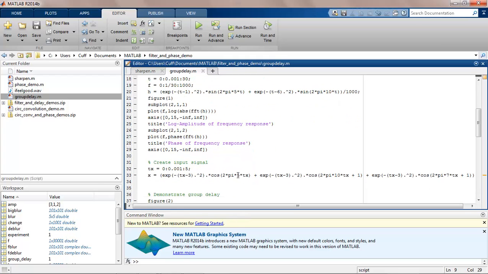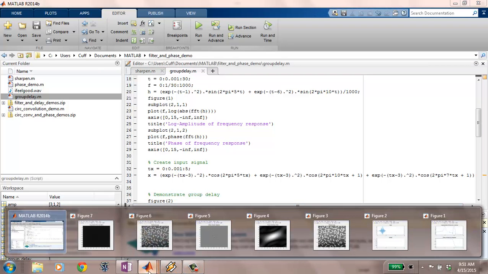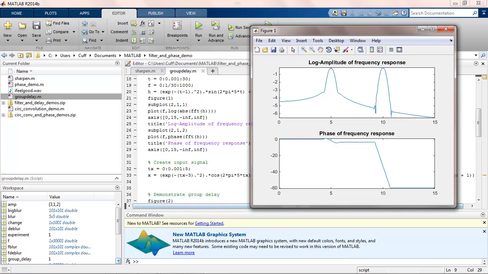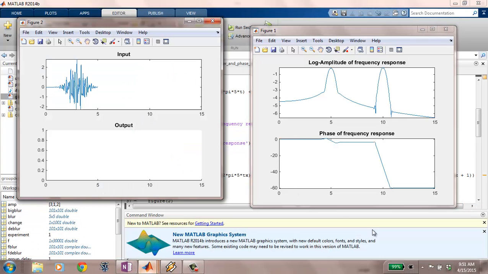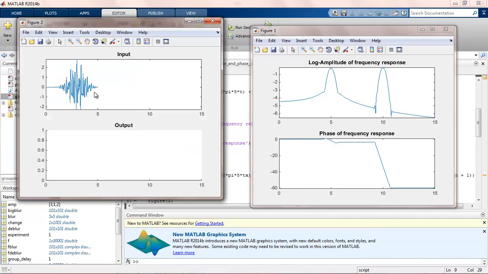It's 3 sinusoids, one at frequency 5, one at frequency 10, one at frequency 7. And then I've multiplied some envelope so it doesn't just go on forever, so it kind of starts and stops. Okay? But it's basically 3 different frequencies. And we know it's got a frequency 5 and a frequency 10.